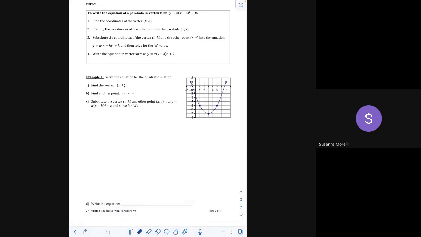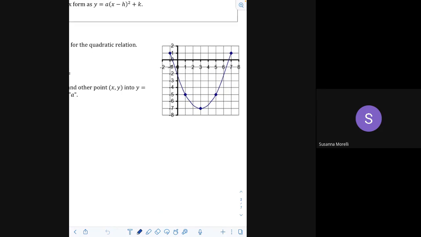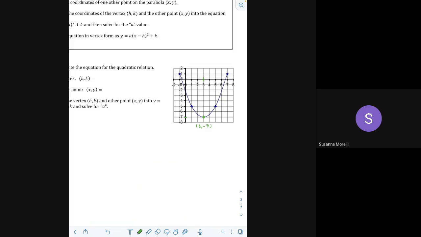So here on the graph, this here is the vertex. The coordinates of the vertex are 3 and -7.